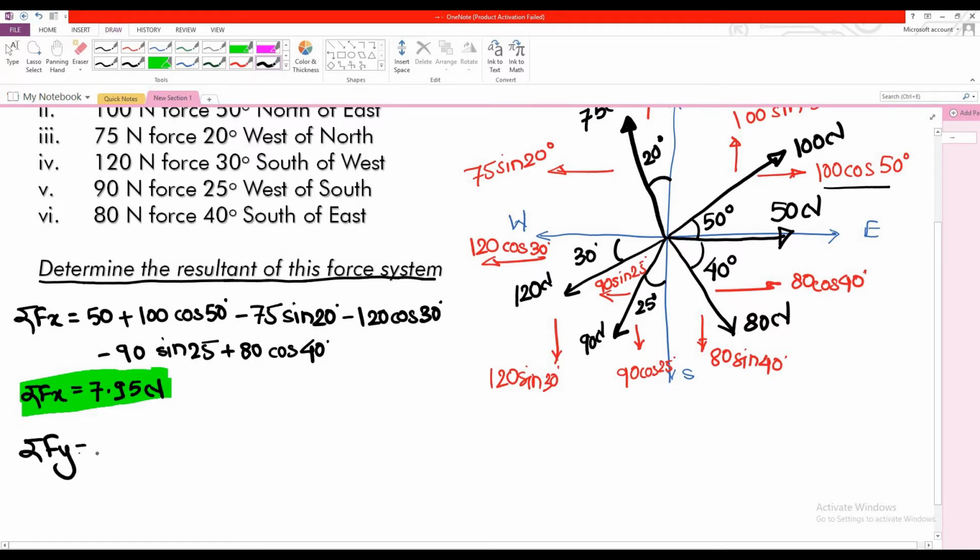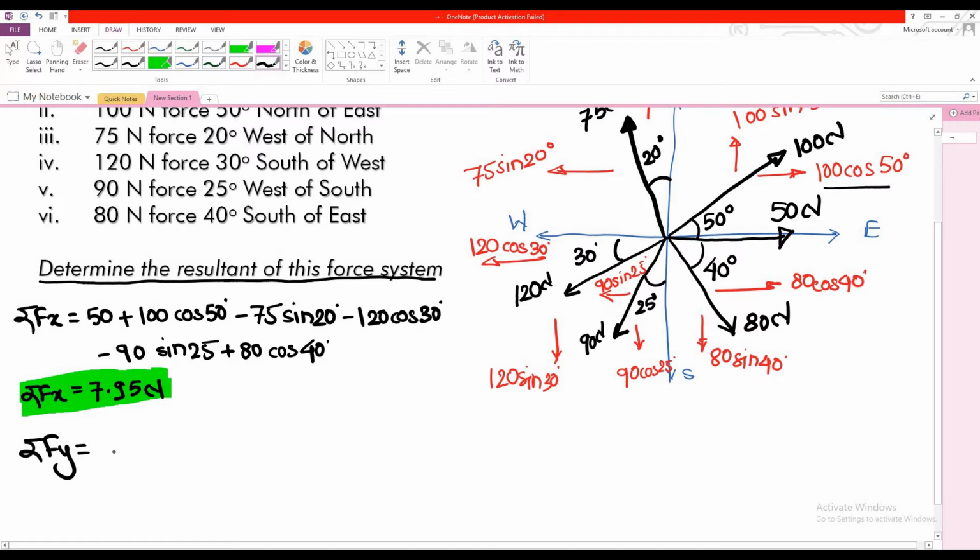summation Fy. Now summation Fy is the summation of forces parallel to or along the vertical direction. If they are going in the upward direction, then they are taken as positive. If they are going in the downward direction, they are taken as negative.